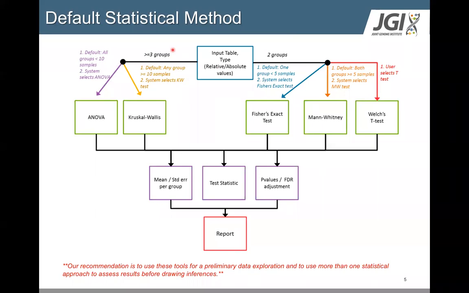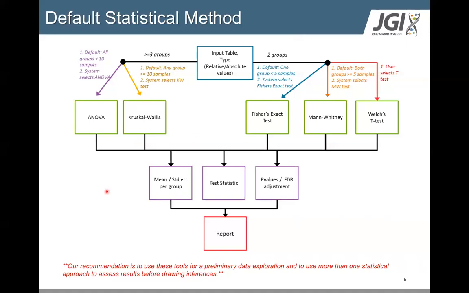For the methane seep, oil seep example that I just talked about in the previous slide, since it had 3 groups or more, you would go to an ANOVA if you have less than 10 samples. If you have more than 10 samples, you would have Kruskal-Wallis. And then finally, when the test is performed, the UI will display the following metrics.